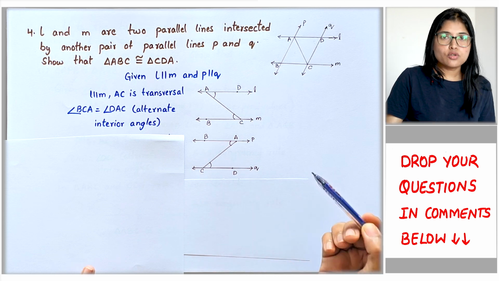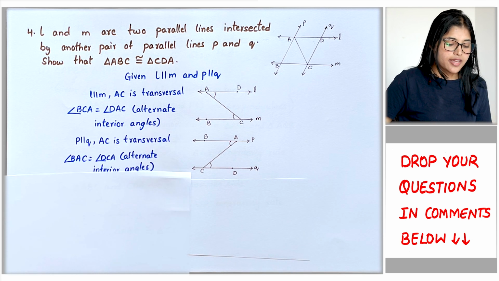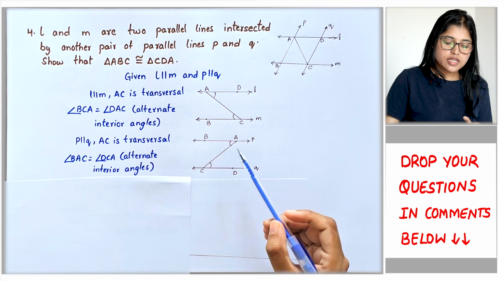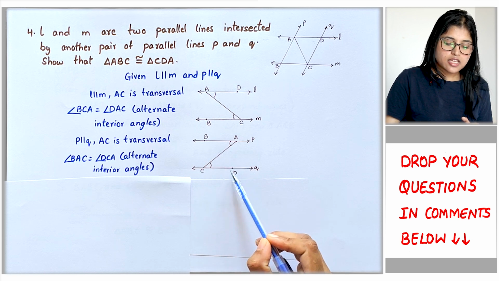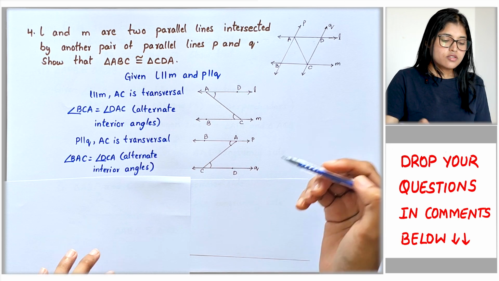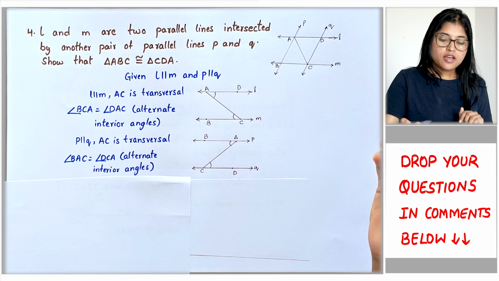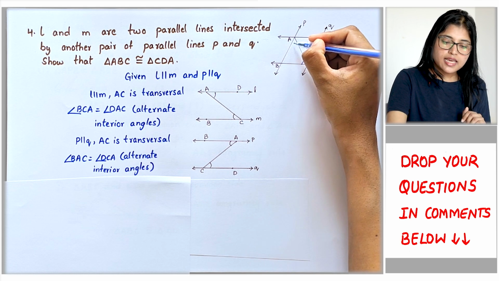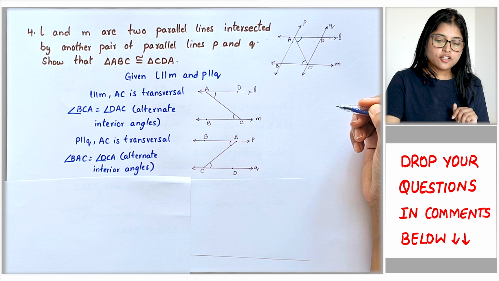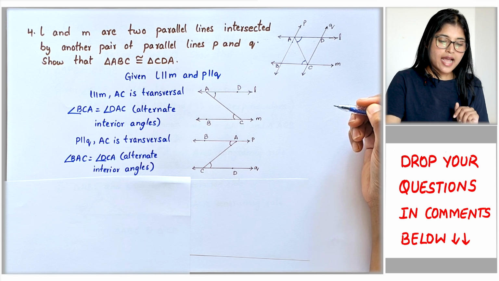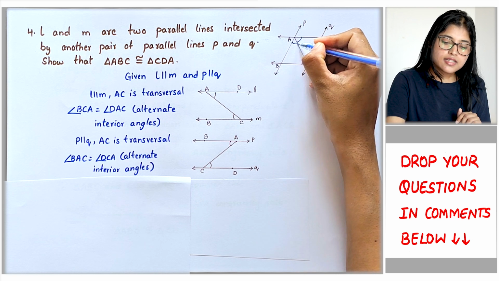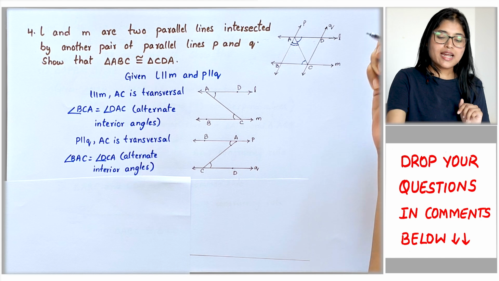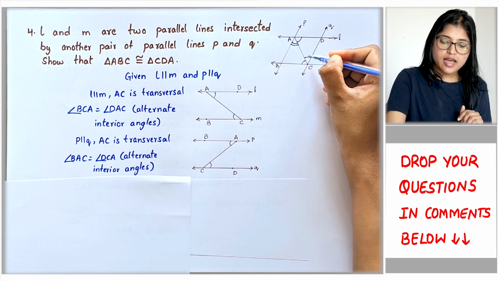Again, taking the rule for alternate interior angles, I can write BAC equals DCA. So I can write this angle as equal to this angle over here. So from L parallel to M, we have shown that BCA is equal to DAC, and from P parallel to Q, we have shown that angle BAC, that is this angle, is equal to angle DCA. So this angle over here.